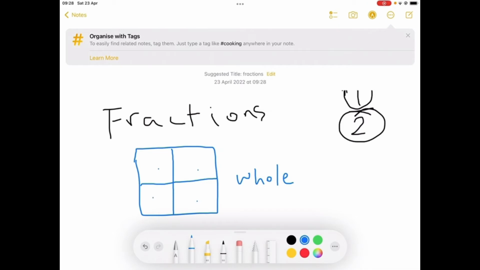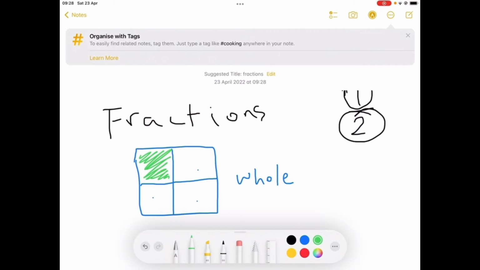Now, I'm going to select one of those parts and shade it. Let's say in green. So the question is, what fraction of the whole square is shaded in green?